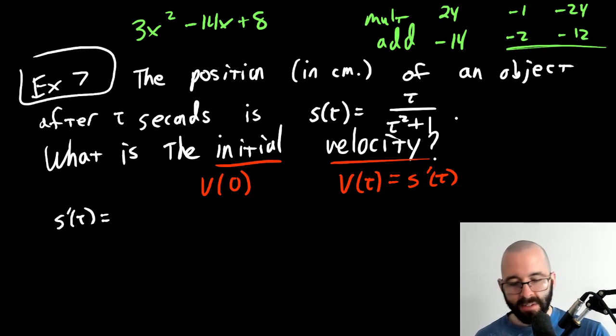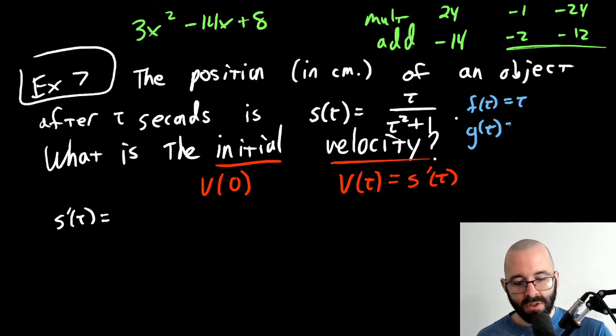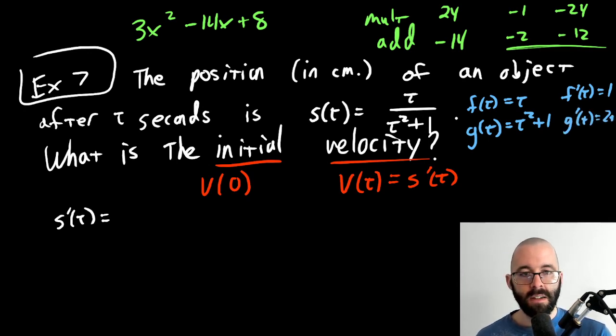Well, okay, we're going to have to use the quotient rule, where the top function, f of t, is just t. The bottom function, g of t, is t squared plus 1. Well, f prime is just 1, and g prime is 2t.